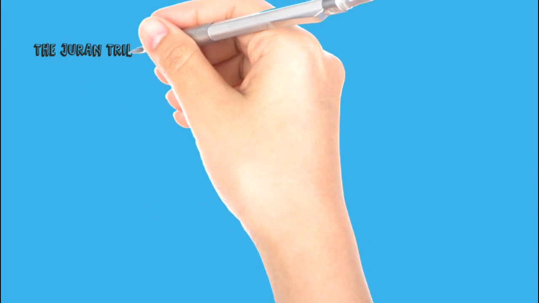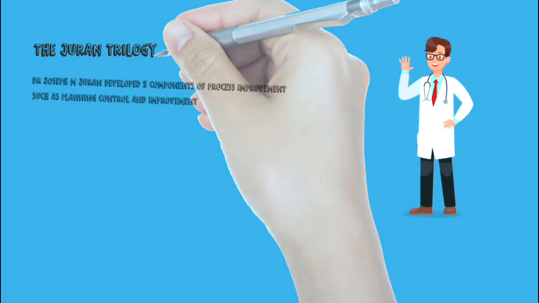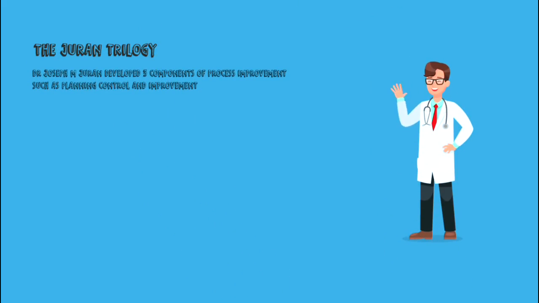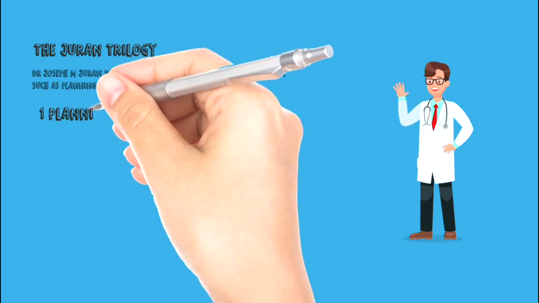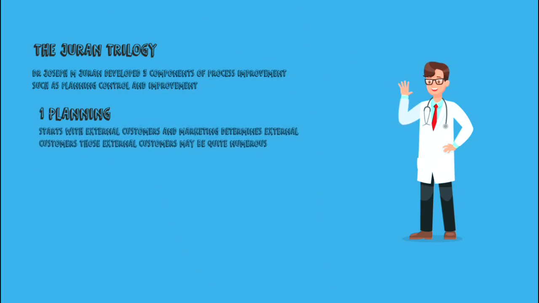The next topic is about the Juran trilogy. Dr. Joseph M. Juran developed three components of process improvement: planning, control, and improvement. In planning, it starts with external customers, and marketing determines external customers. Those external customers may be quite numerous.